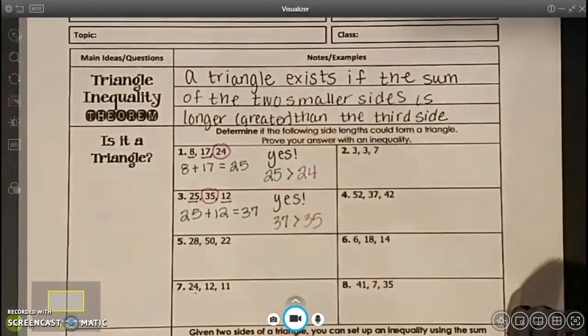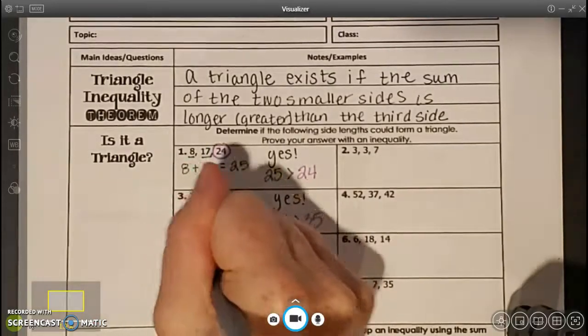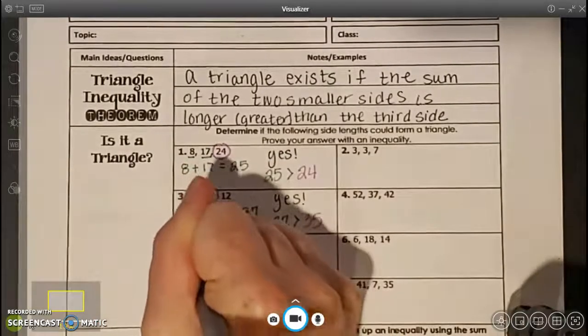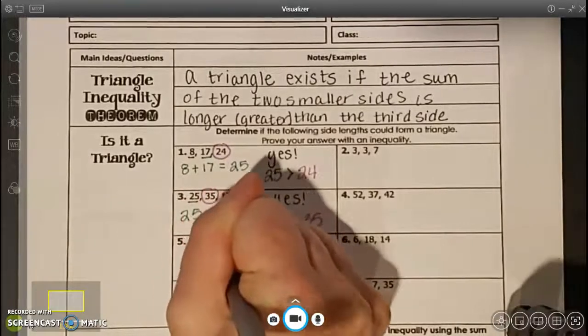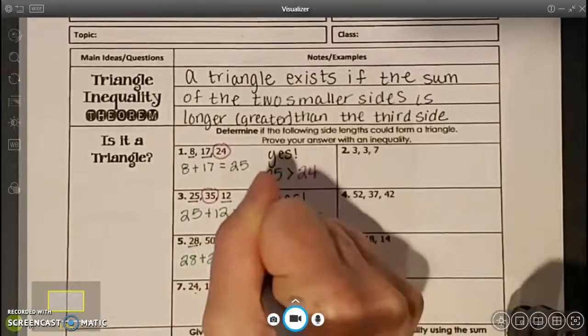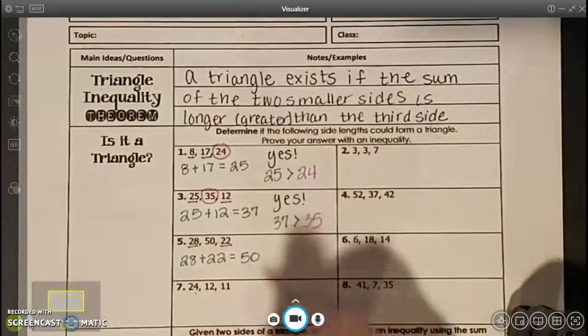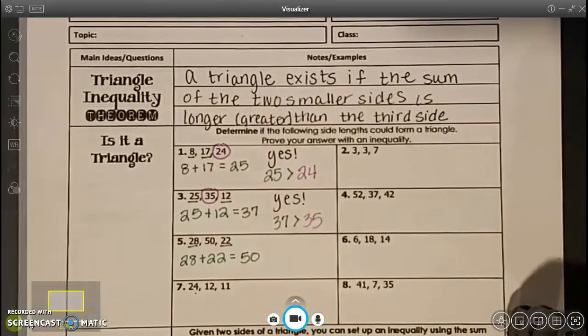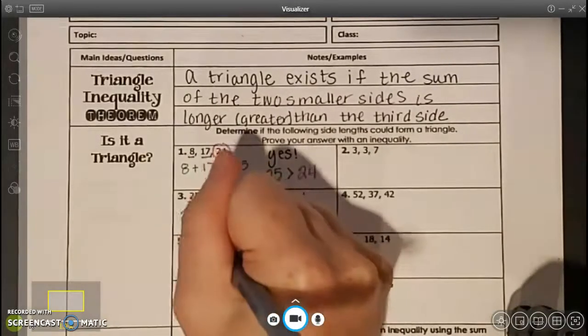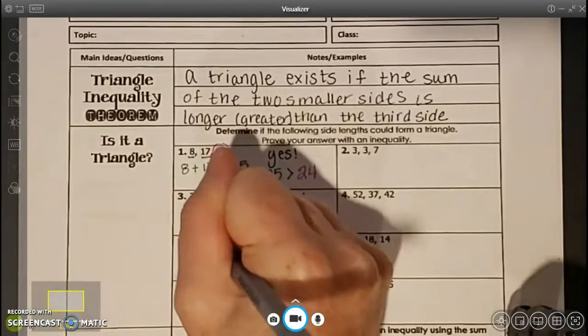All right, and let's take a look at number 5. Looking at the shorter two sides, that are 28 and 22. 28 plus 22 is equal to 50. Now, is 50 greater than the third side? Is 50 greater than 50?